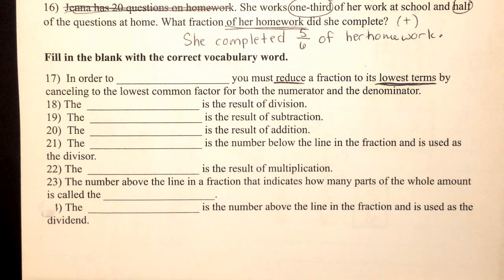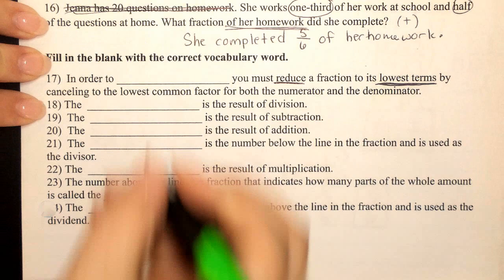What is that called, RJ? So subtraction does make something smaller, but what's going to reduce a fraction? There's my vocabulary words, just as a little reminder. Mason? Simplify. So we're going to use the word simplify. So I'm going to go ahead and mark it out up here, and let's fill that in. Simplify.